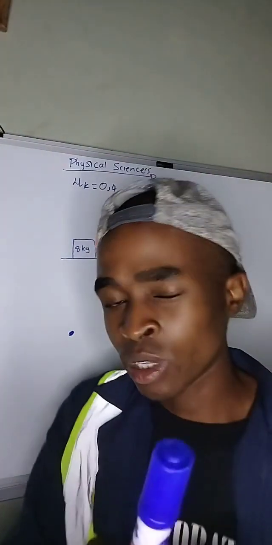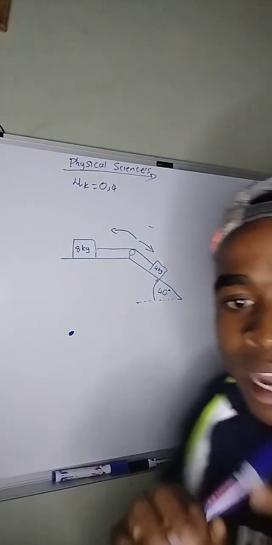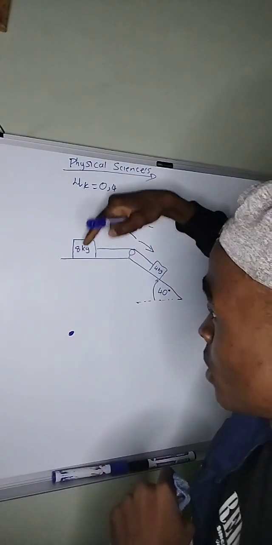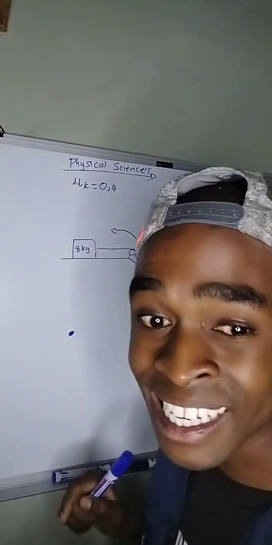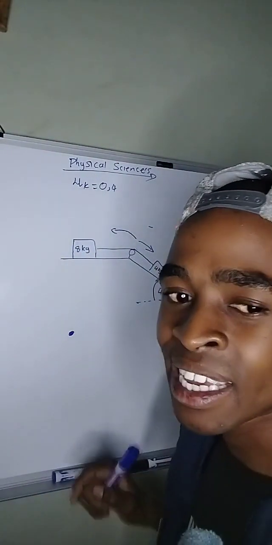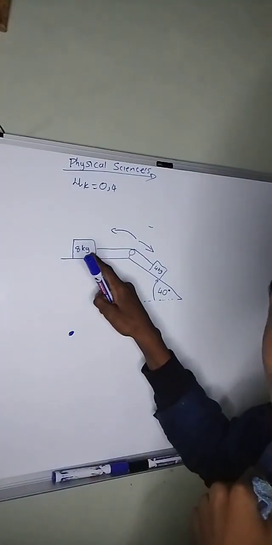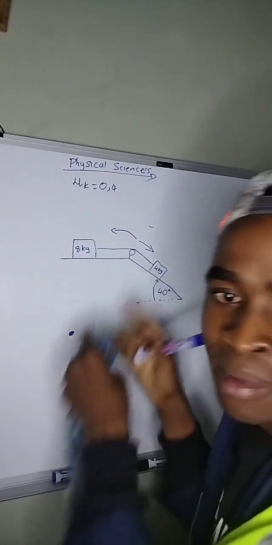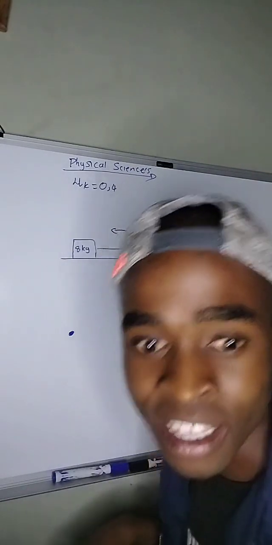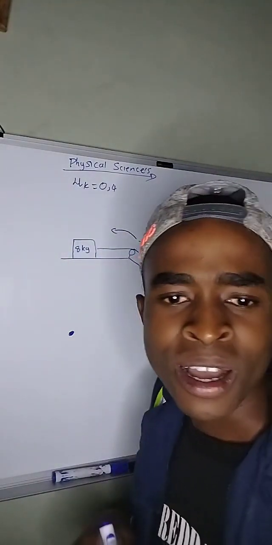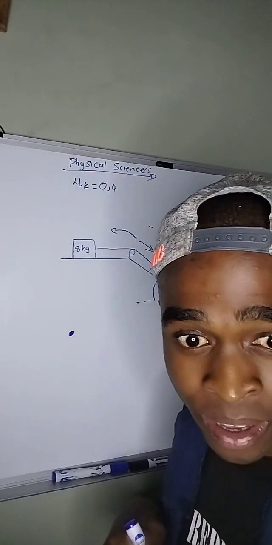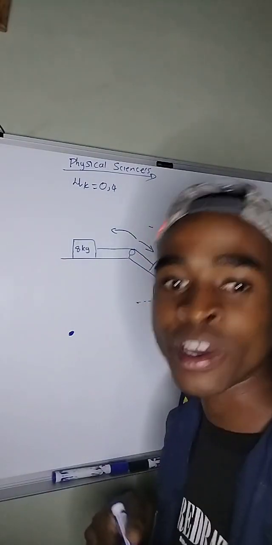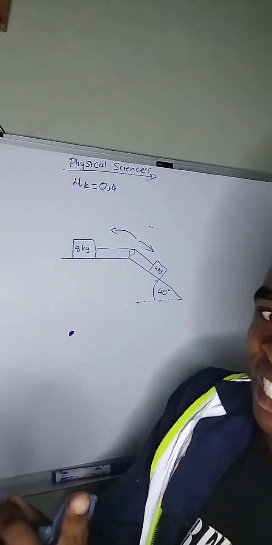As we are drawing the free body diagram, we want to ask ourselves: if this object has mass, what do we have? It is FG, the gravitational force.